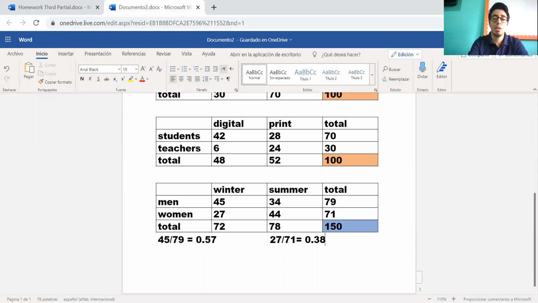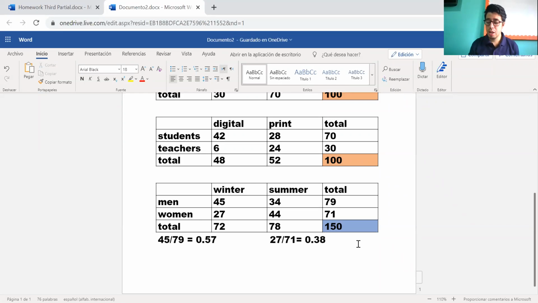We obtain the ratio, the percent, by dividing, so we can compare the results for the men and for the women. 57% is greater than 38%, so we can say yes, more men watch the Winter Olympic Games. The women are only 38%, 0.38.